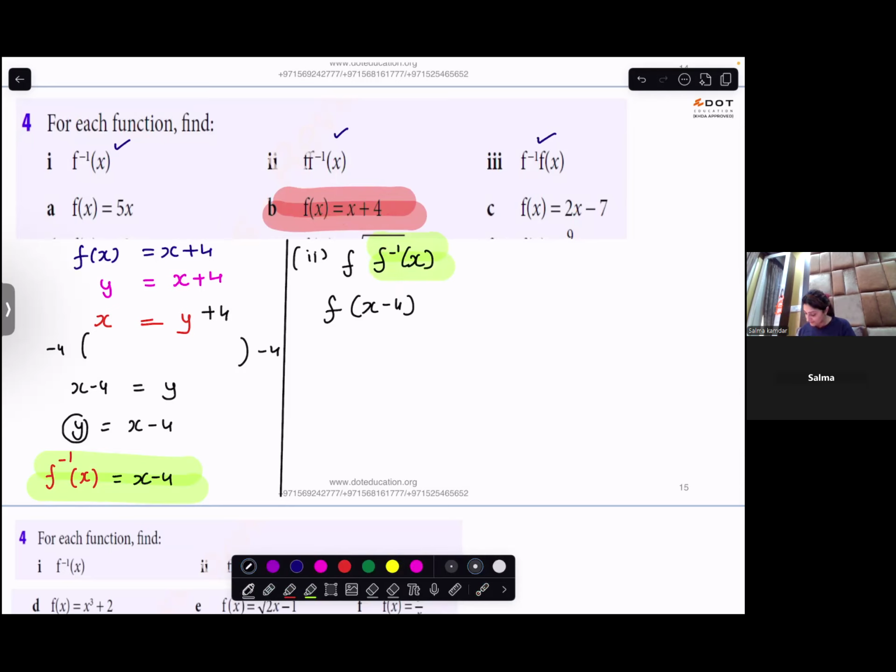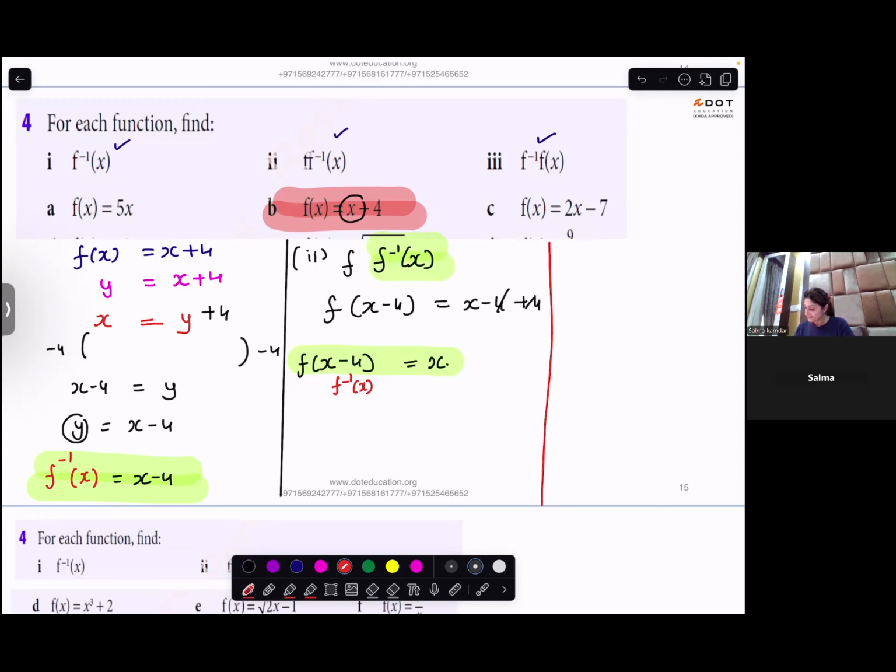So this would be x minus 4 plus 4. So I have f of x minus 4. x minus 4 is nothing but f inverse x. This is equal to x. So f of f inverse x is equal to x.